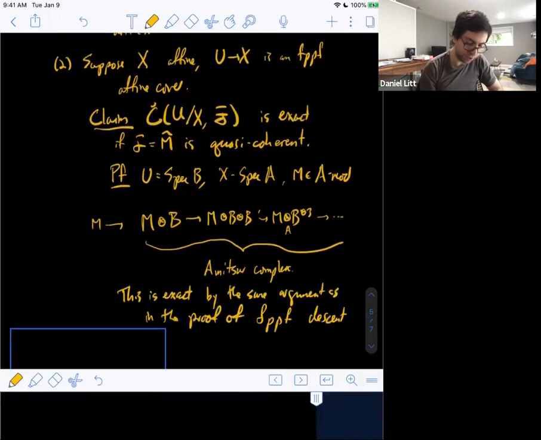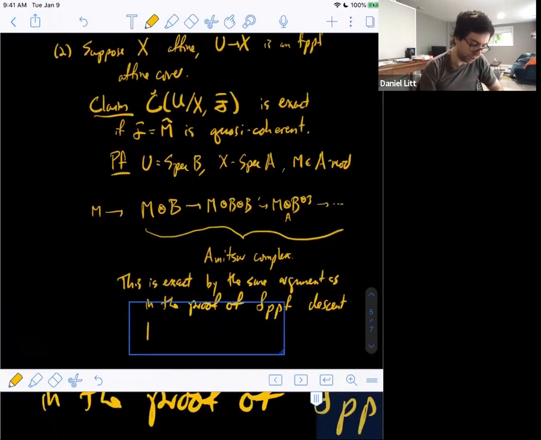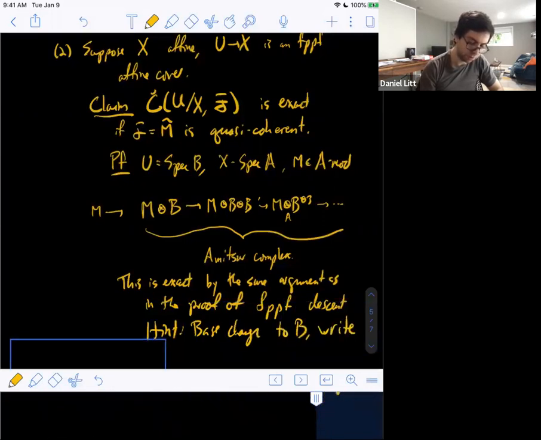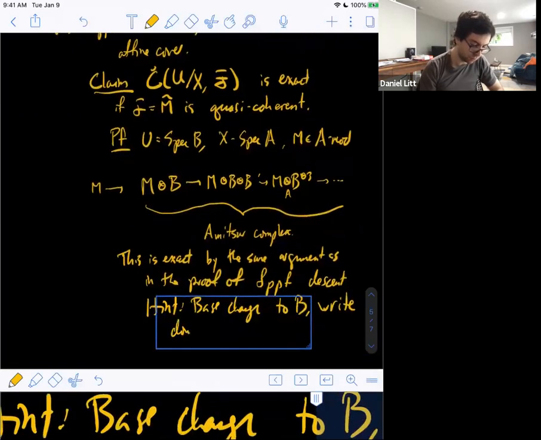I won't give you the details, but I'll write down the hint: base change to B, and then write down a null homotopy using the section.